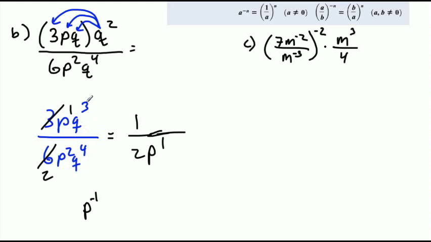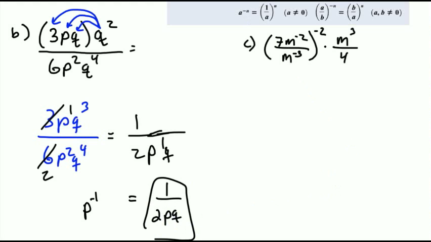Same thing right here. See, there's 3 on top, 4 on the bottom, so that means this is going to be q to the 1 on the bottom. I don't have to put the 1 right here because there's more on the bottom right here, okay? So let me write this nicer. So the answer is actually 1 over 2pq. That would be the answer that we're looking for.